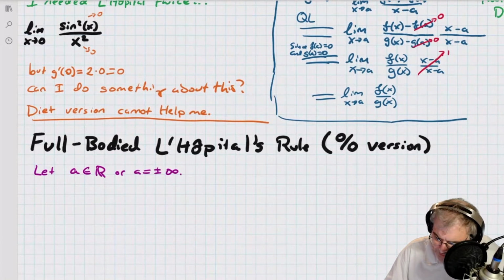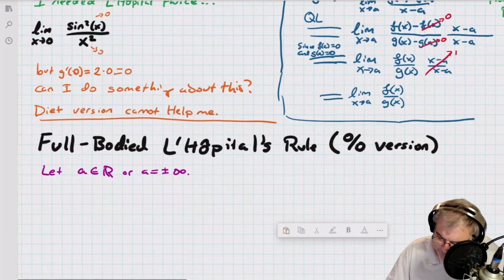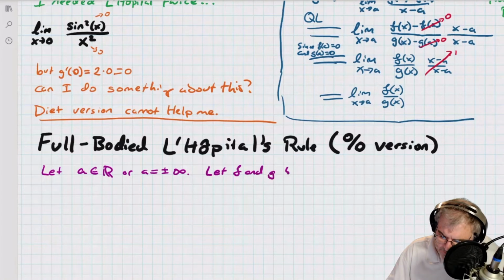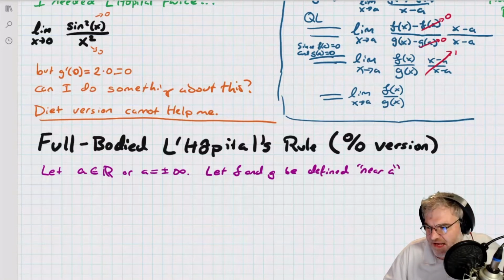And then what I want is, let f and g be defined near a. Now, I'm going to use this near a stuff a lot.